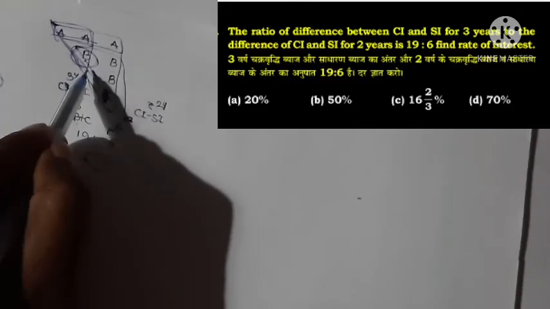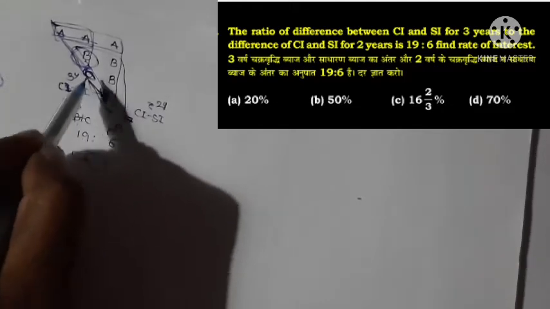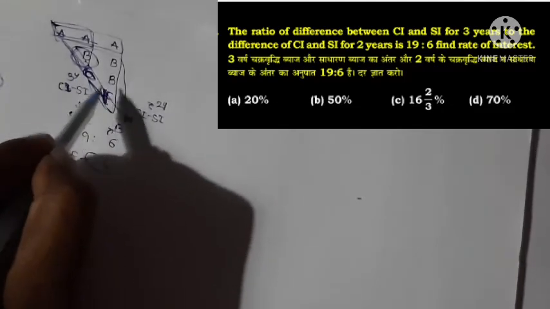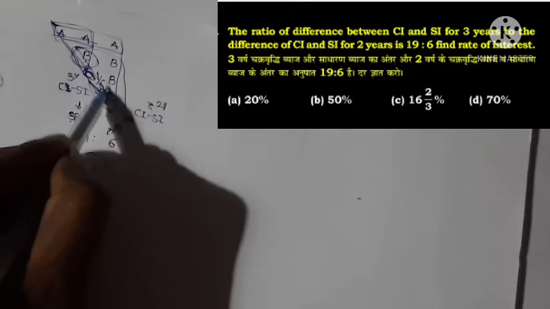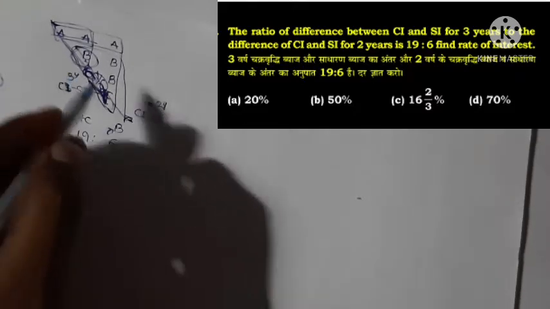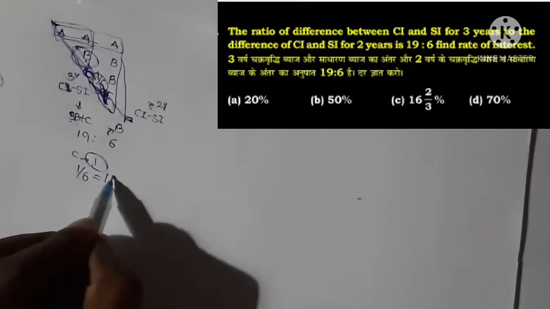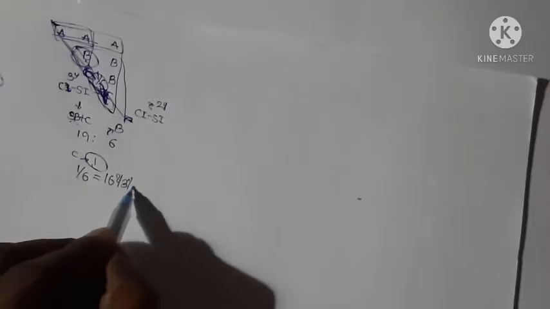Value of B is 6. So how to get 6 to 1? So 1 by 6. So 6 into 1 by 6 value is 1. So 1 by 6 equivalent percentage is 16 2 by 3 percent.